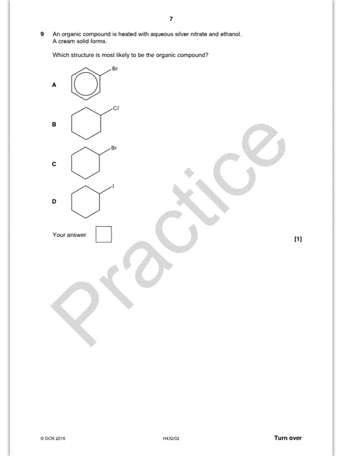So I'm now heating an organic compound with silver nitrate and ethanol. So if you remember back to your AS chemistry, because you're in aqueous silver nitrate, you're going to have a hydrolysis reaction. Because I've got silver ions there, I'm going to make the silver halide precipitate, and because it's cream, it means I've made silver bromide.